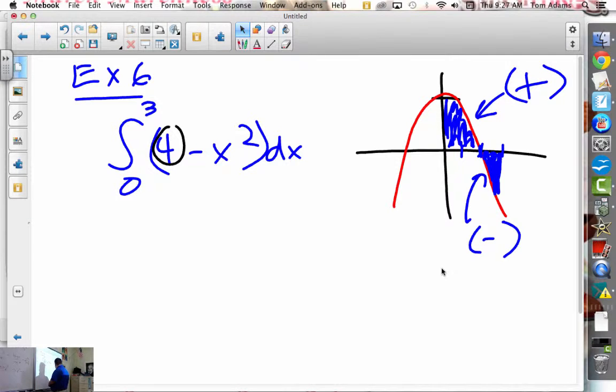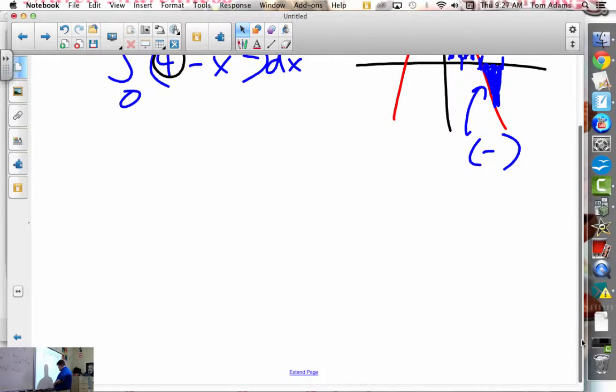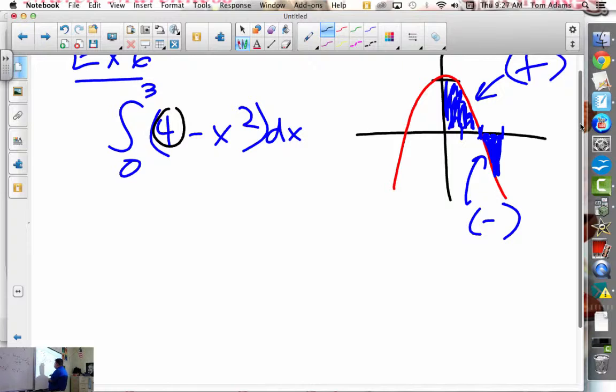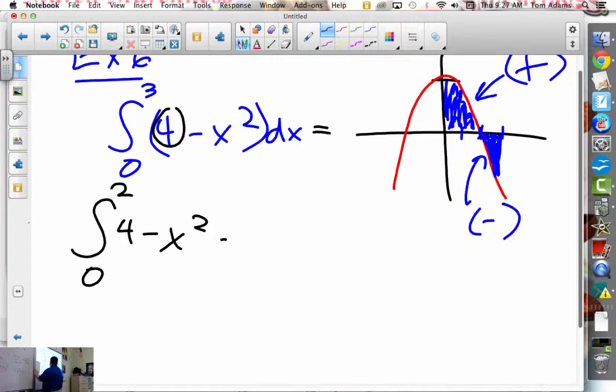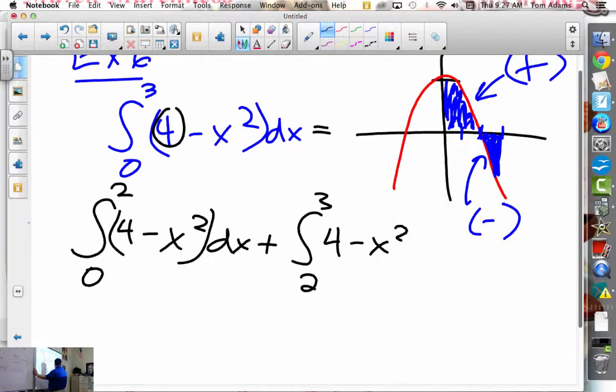Well, remember one of the properties, we could do it by hand or on the calculator, but we said that I could break this up. In other words, this integration is equal to the integral from 0 to 2 of 4 minus x squared dx plus the integral from 2 to 3 of 4 minus x squared dx.